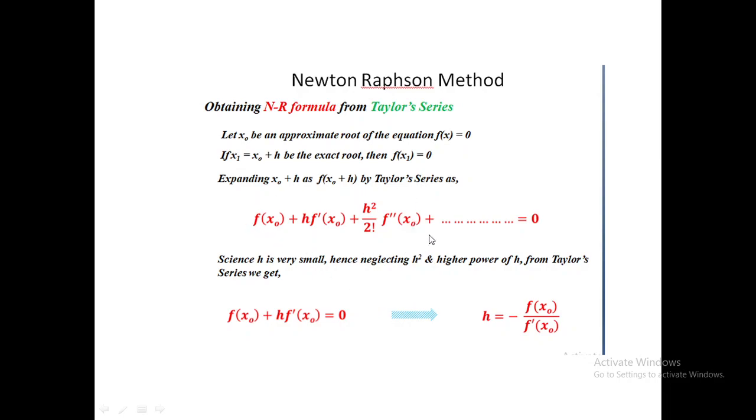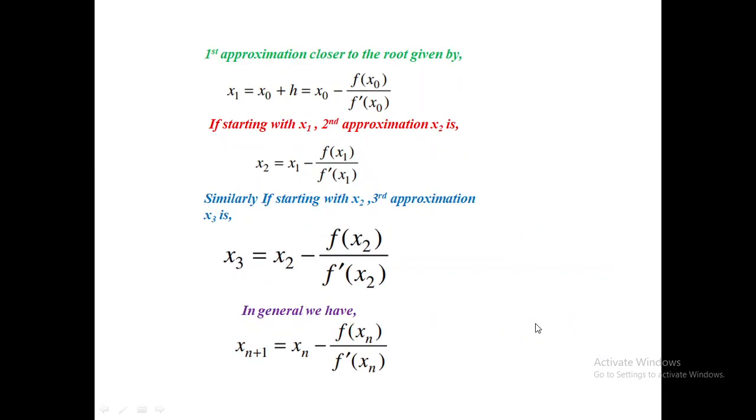Here h is very small, hence we neglect the higher powers of h from that Taylor series. Then we get f of x0 plus h f dash of x0 is equal to 0. Then we can write h is equal to minus f of x0 divided by f dash of x0.